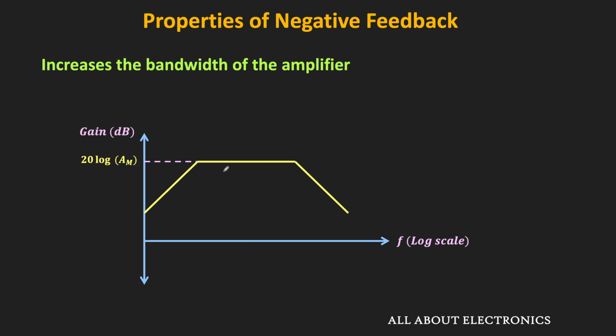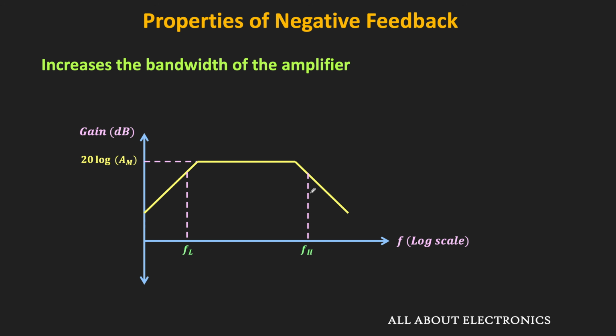And as we go beyond or above these midband frequencies, then the gain starts reducing. So here, this FH is the upper cutoff frequency, while the FL is the lower cutoff frequency. So as you know, the cutoff frequency is the frequency at which the gain of the amplifier reduces by 3 dB from the maximum value.